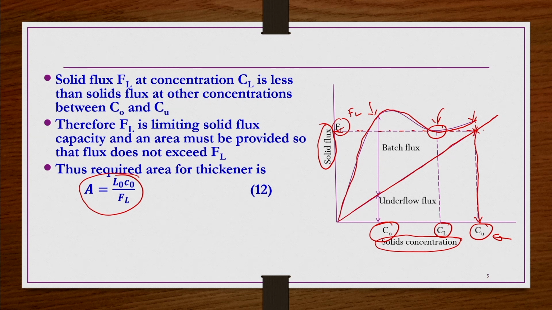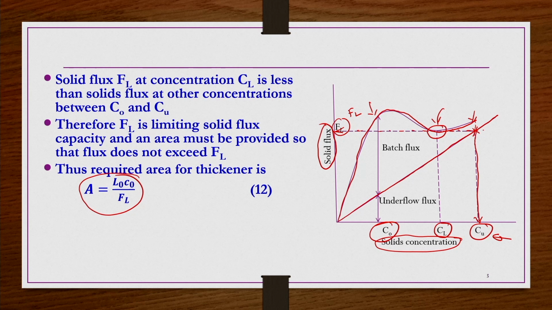In general, L naught and C naught are given. L naught is the inlet of the feed slurry we are giving to the continuous thickener, in volumetric flow rate. C naught is the initial feed slurry concentration, that is, the uniform solids concentration before the start of sedimentation.